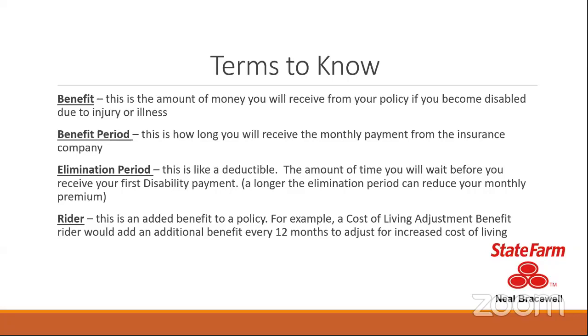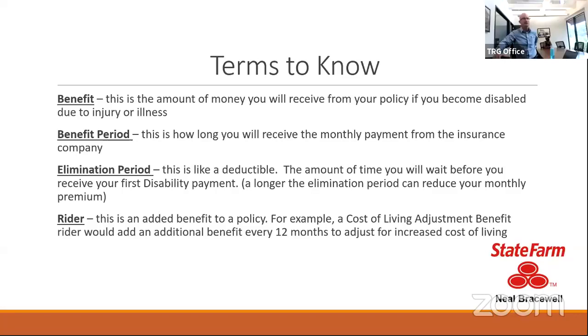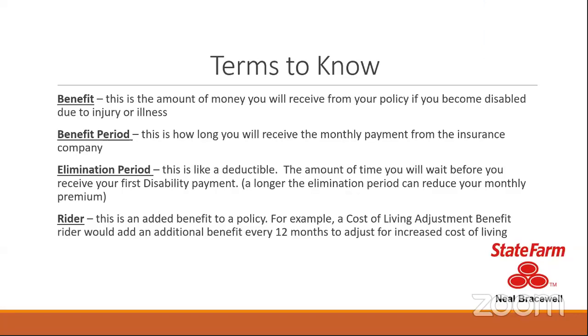Benefit period is the amount of time. How long will you receive that benefit? And there are different types of disability insurance, and we'll talk about that in a moment. There is an elimination period. An elimination period would be like a deductible. If you have a deductible on your auto insurance and you have a crash, the deductible will be the part that you are responsible for, and then the insurance company would pay for the rest.